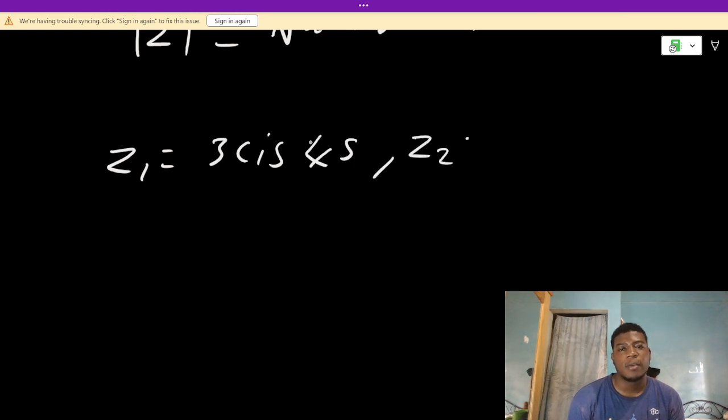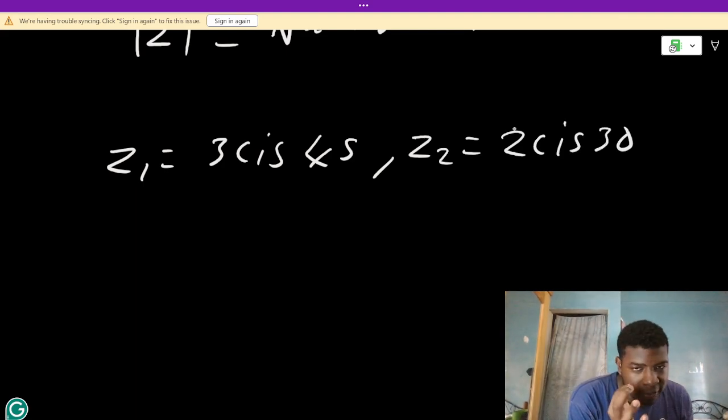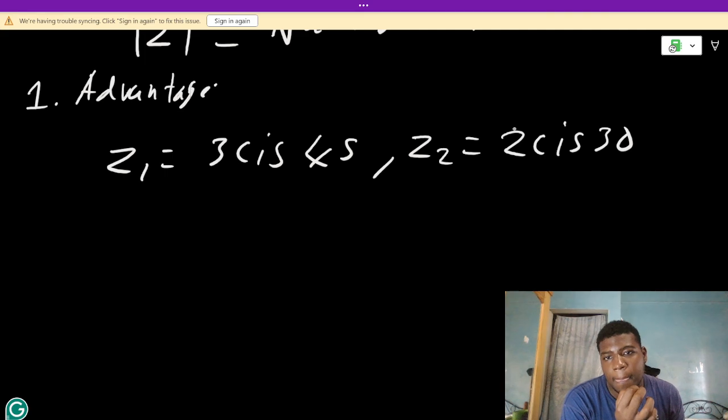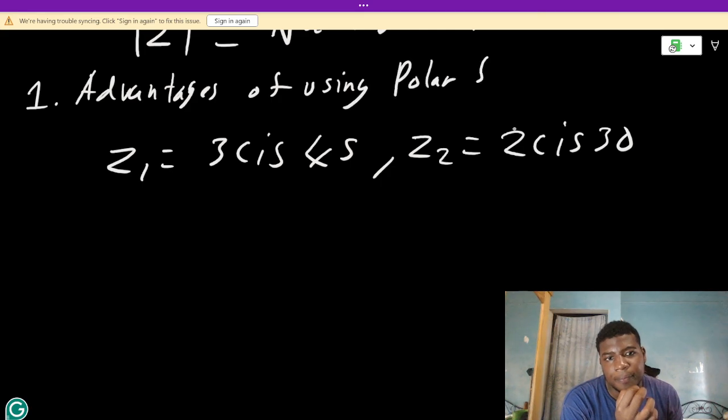Say we had z1 equals 3 cis 45 and z2 equals 2 cis 30. Here we're going to show you one of the first advantages of using polar form. Here is a very short way to represent them.